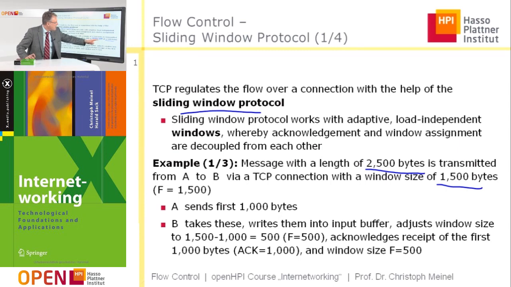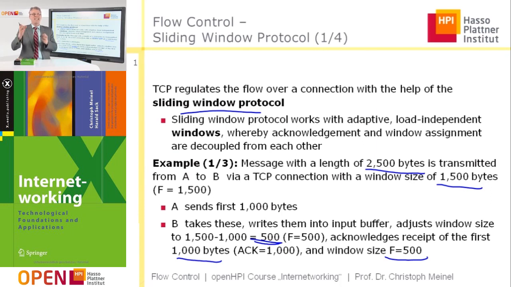Now when B receives the first 1,000 bytes, B computes the new window, 1,500 minus 1,000, which is 500. B communicates this window size to A. It acknowledges the receipt of the 1,000 bytes, and it sends the new window size, which is now 500.